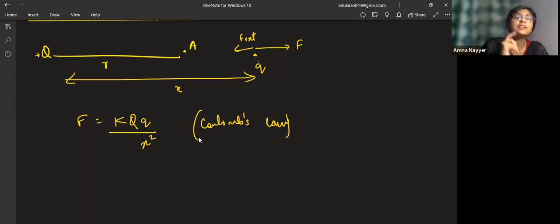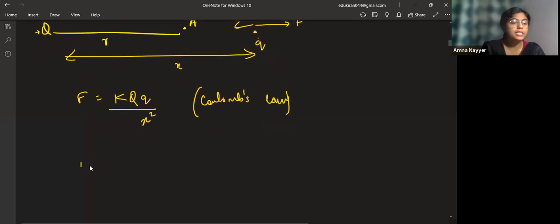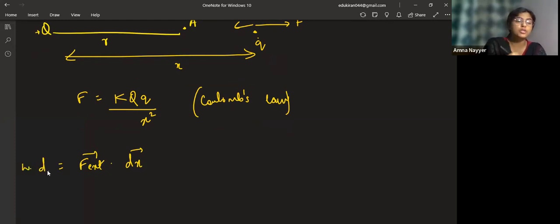And one force is this external force, which we are applying, the work done that is generated. What will that force be equal to? I hope you're understanding there are two forces. That is F dot dx. This is the force in the work done formula, which we intentionally apply to bring the charge small q to its position at point A, near capital Q. So this is going to be F external dx, right?